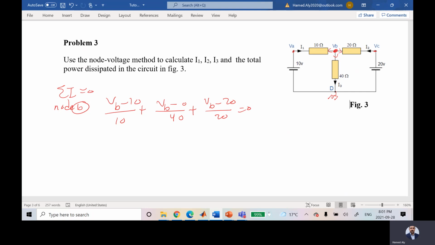Now I can solve that equation for finding VB, which is equal to 80 over 7 volts.